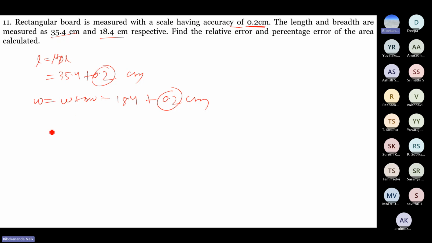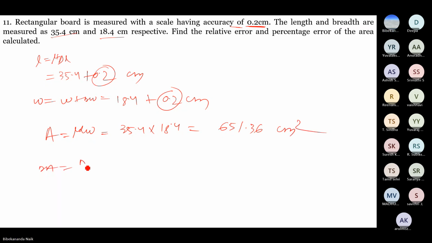Similarly, if you calculate, area will be L into W. It will be 35.4 into 18.4, which gives 651.36 centimeter square. Now talking about delta A by A, it will be delta W by W plus delta L by L, which will give you 0.017 or 1.7%.